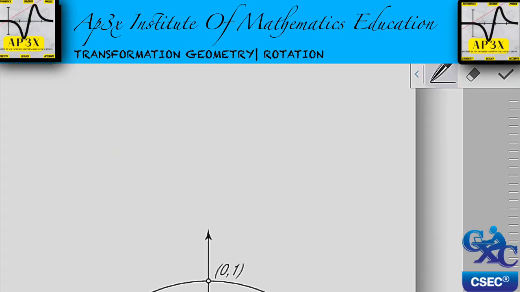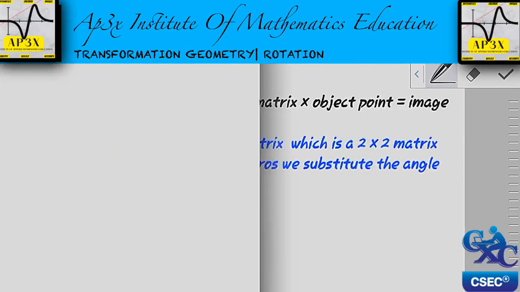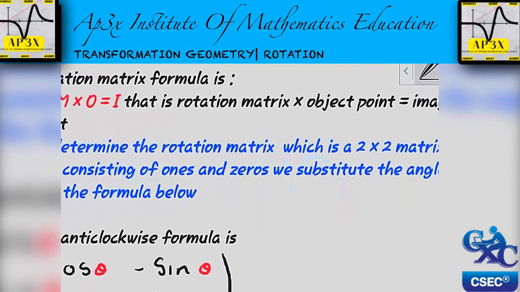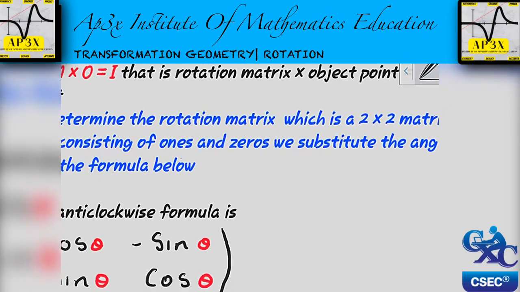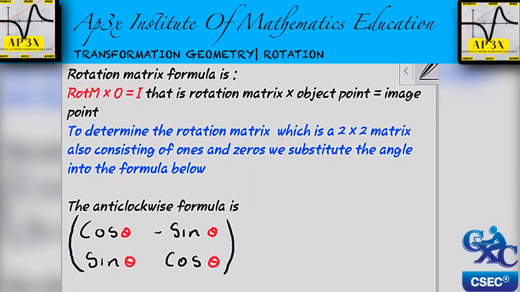Now, we're going to be discussing what is known as the rotation metric. We're going to be looking at the rotation formula, and then the rotational metric formula. In my previous video, you would have already seen where we discussed that there is one standard formula for reflection, for rotation, and for enlargement.